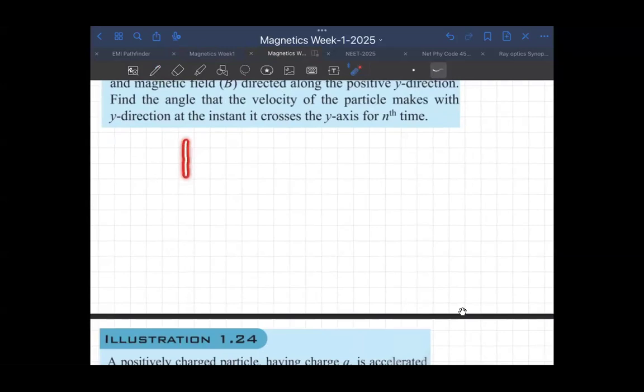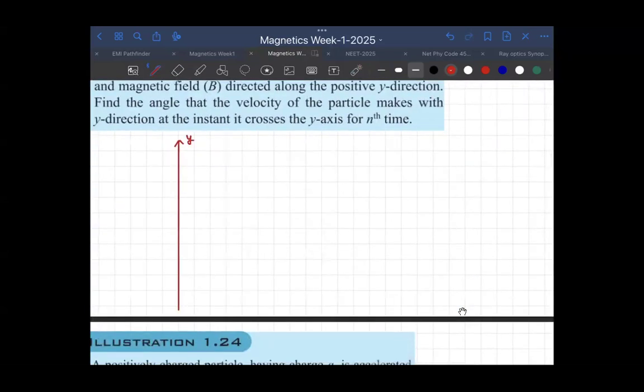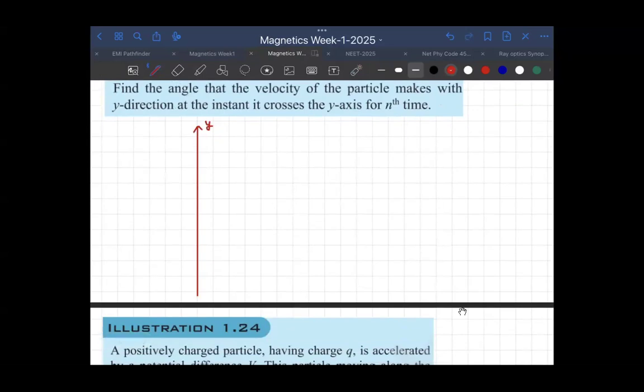Now we will take this as the particle, y-axis, x-axis.